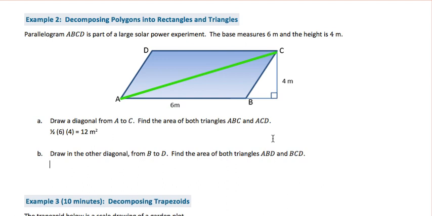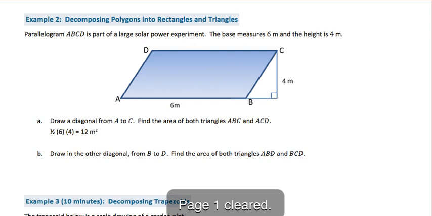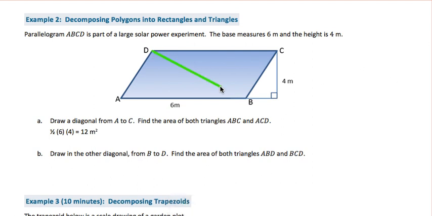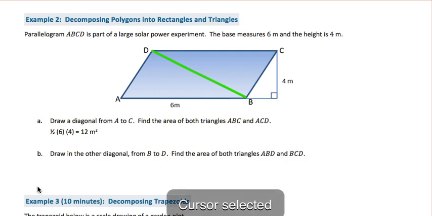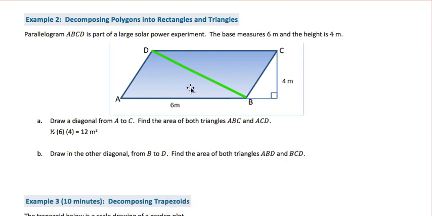And then if we do the same thing with a different diagonal, let's clear this, put a different diagonal in, B to D, then our formula for triangles ABD and BCD will be exactly the same.